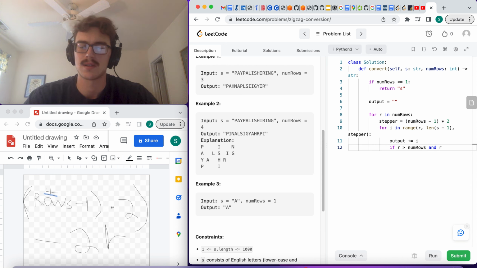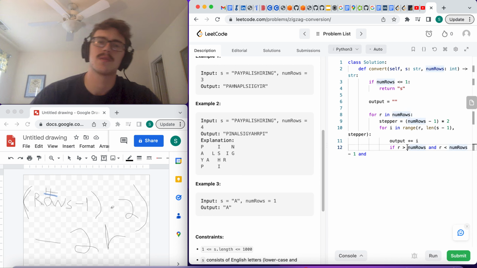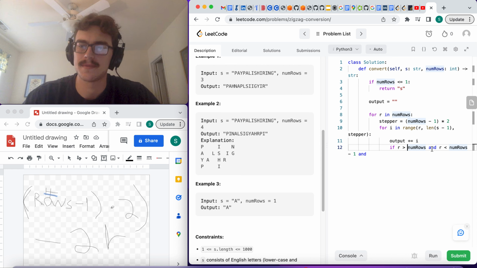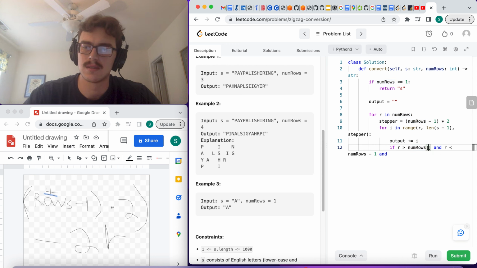And if R is less than number of rows minus 1, and if it's greater than, what number of rows before? I don't know. Okay, drawing a blank.